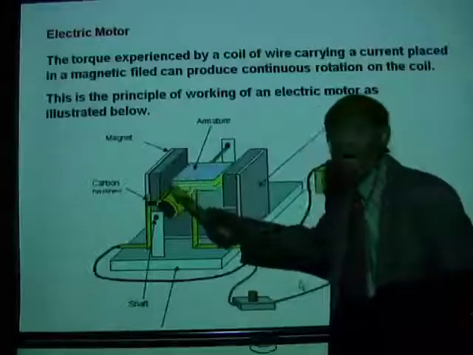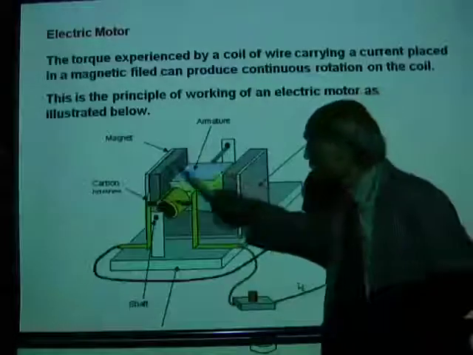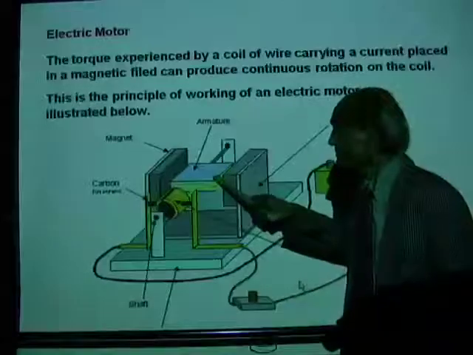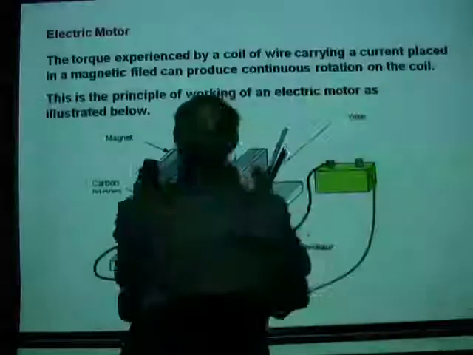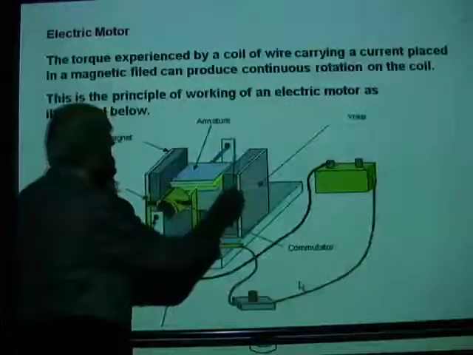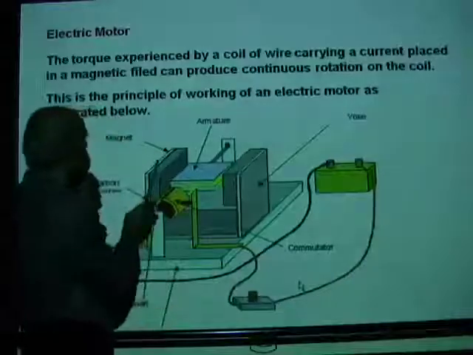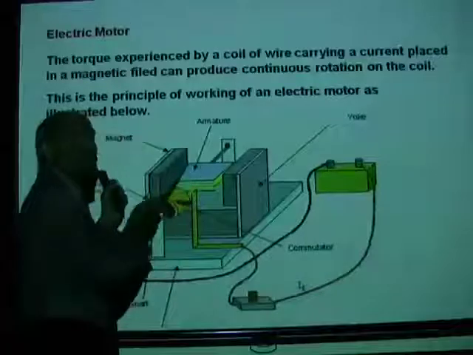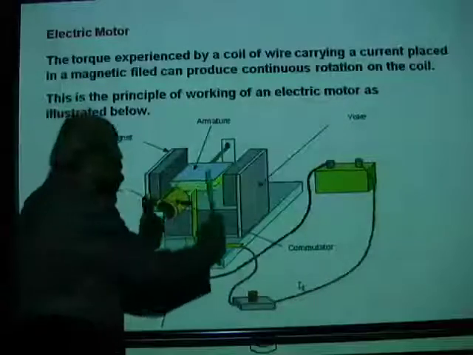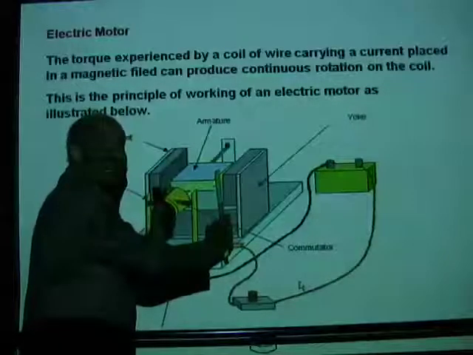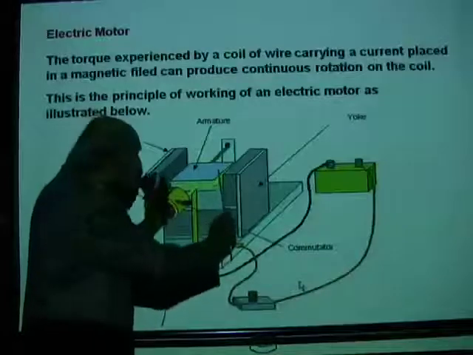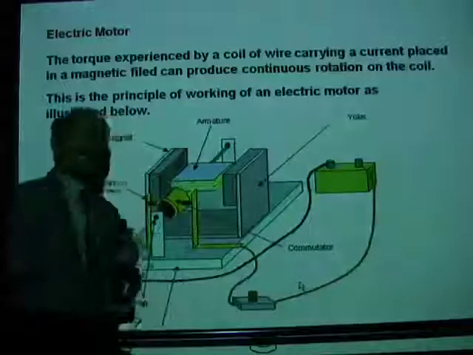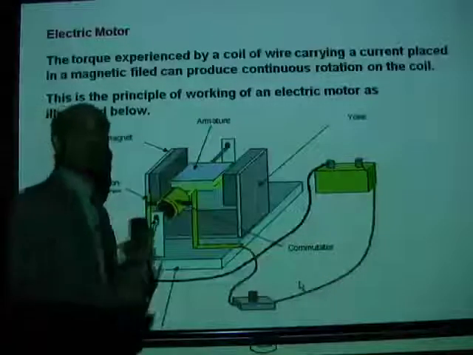Now, if I can wind a coil of wire on a frame like this and place it inside a magnetic field, there's a magnet, there's a north pole and a south pole there, so that the coil is inside a magnetic field. And then when a current is allowed to flow, the coil will rotate. But there is a problem. What's the problem?